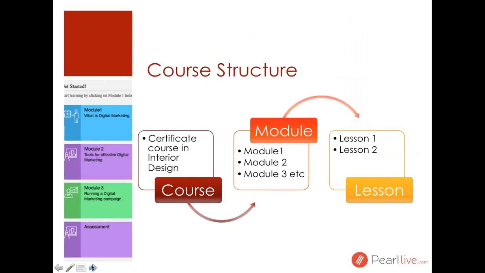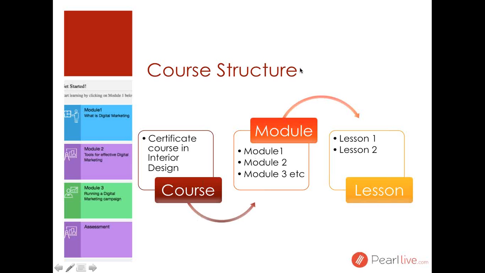The course is structured for ease of use. The first level of the structure is the course itself, which is the title of your course, social media marketing or interior design or whatever the course is, which is split further into modules, module 1, 2, and 3.